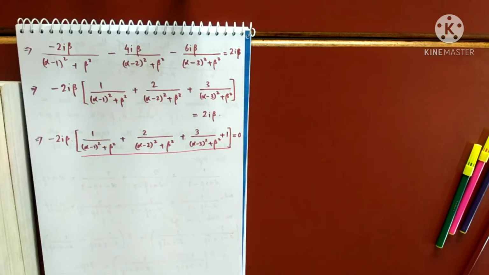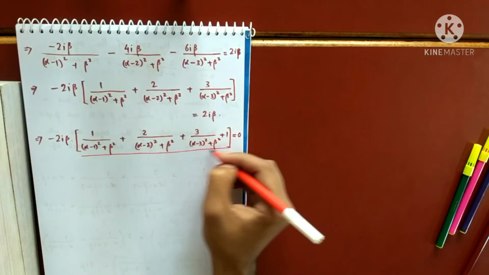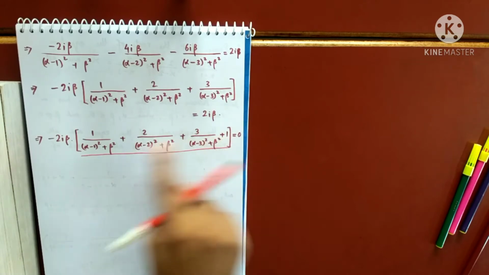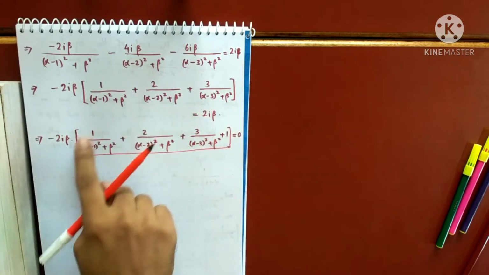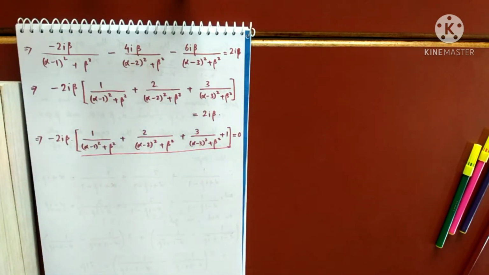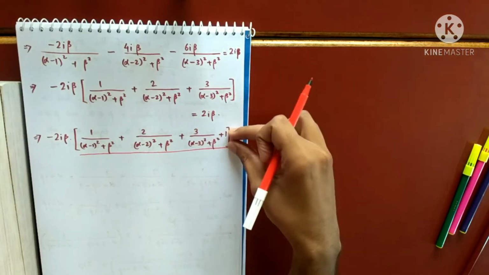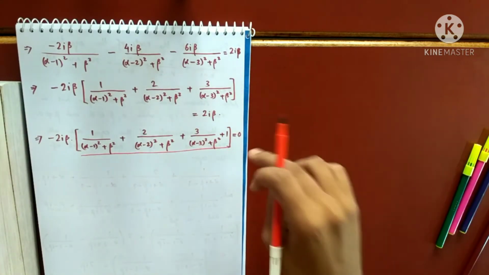And I have a sum or plus here. So this quantity can never be 0 for sure, because I have a sum of positive numbers. So a sum of positive numbers cannot be 0.